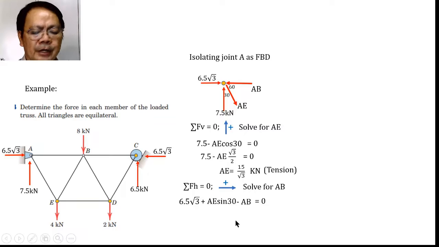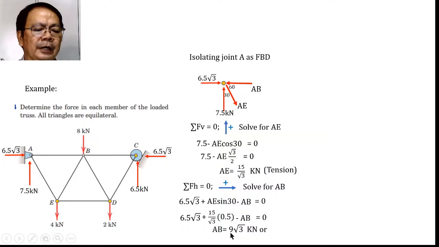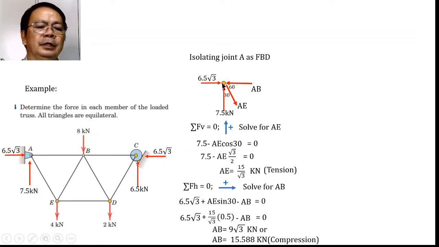We substitute the value of AE, which is equal to 15 over the square root of 3, and sine of 30 is 0.5. Minus AB shall be equal to 0, and from here we can solve for AB to be 9 the square root of 3, or equal to 15.588, directed towards the joint, therefore this will be in compression.